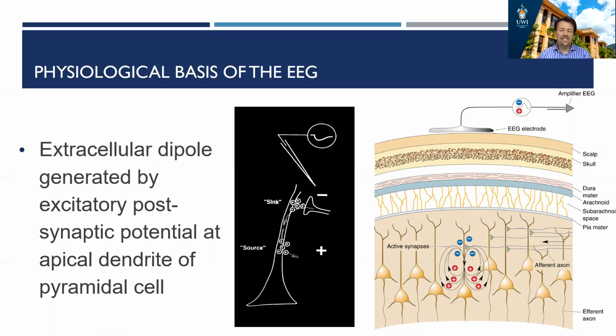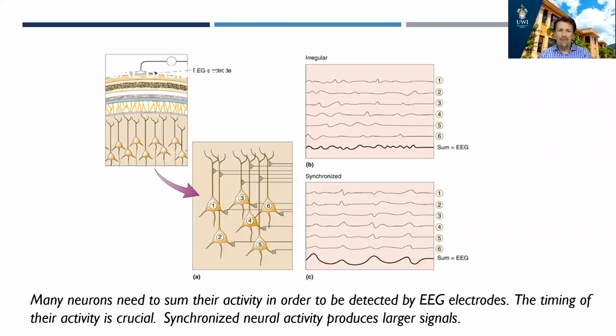This extracellular dipole can be measured and picked up by electrodes either placed on the surface of the skull or during surgery on the surface of the brain. Now, these signals will be very small, but if you have several neurons firing together at the same time, those signals can be added together. In other words, if you have synchronous activity, that's the word we use when we say neurons are firing together at the same time.